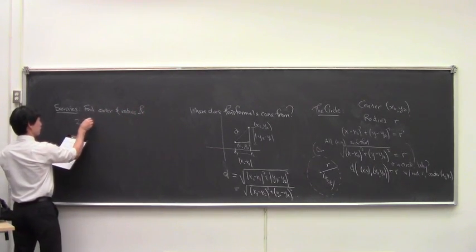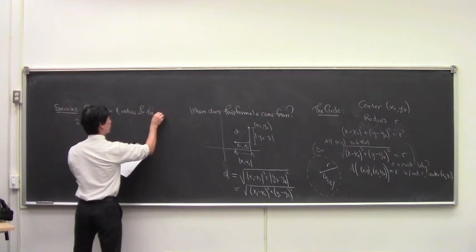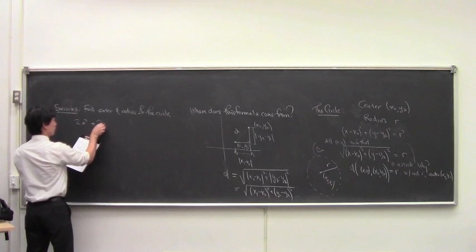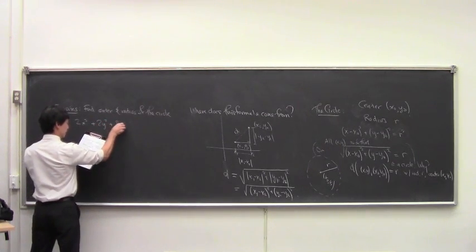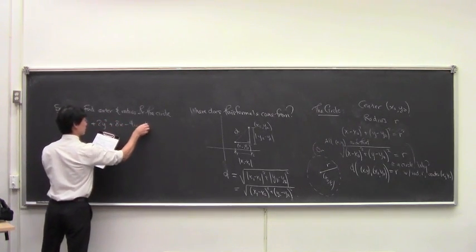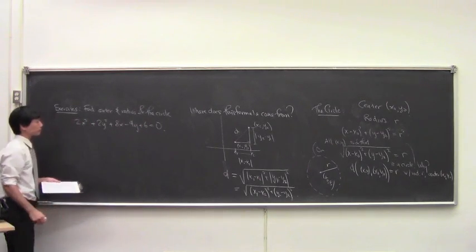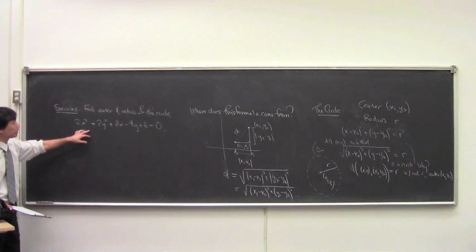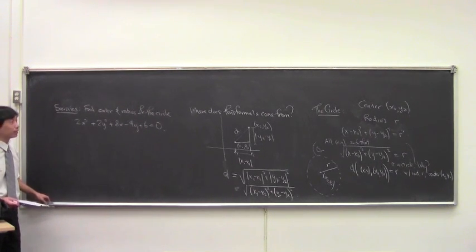Somebody gives you a circle, and it's in a form that's slightly disguised: 2x squared plus 2y squared plus 8x minus 4y plus 6 is 0.